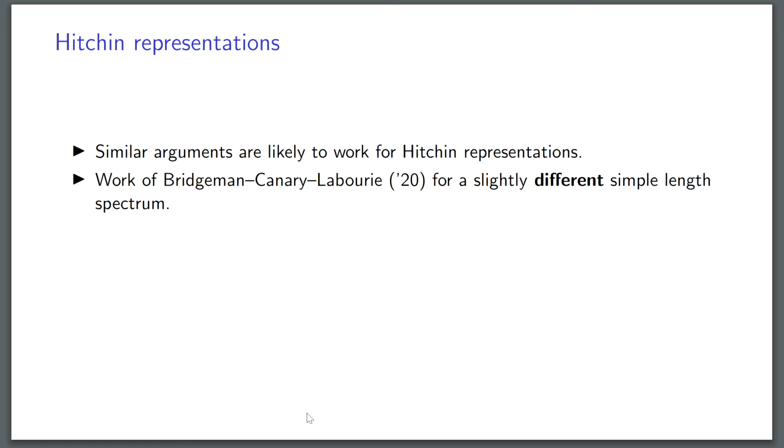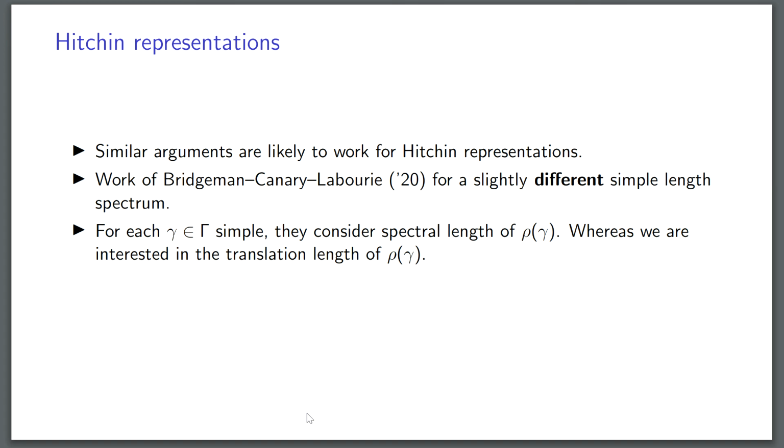However, they consider a different type of simple length spectrum. Let me briefly say what the difference is. If you look at a simple closed curve in the fundamental group, what they consider is the spectral length of the image of this element of the fundamental group. This is defined as follows. Rho of gamma is a matrix, say in PSL(n,R).